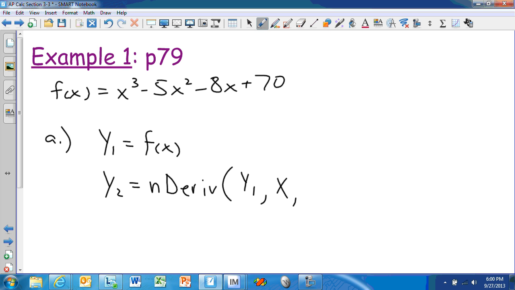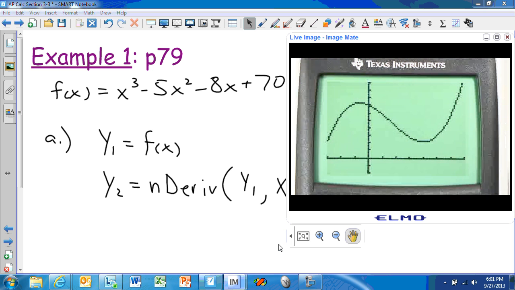So I actually need a variable that's changing, that starts out at x equals -3 and then changes to the next x value and so forth, moving from left to right. And actually, x is that variable that does that. When you graph a function, your calculator is actually changing that variable called x on your calculator. So actually, if I graph y2 as nderiv of y1 comma x, we will actually get a sketch of the derivative function there. It will be the numerical derivative, of course, that we're sketching.